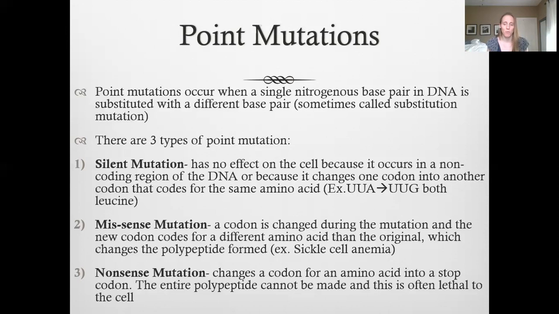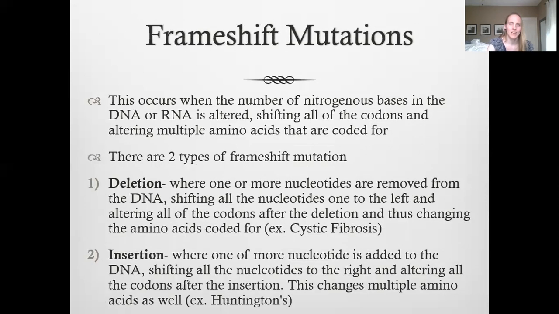It's not just that you have one new amino acid, it's that you're missing a bunch of amino acids in your protein because you stopped making the protein too early. That is often lethal to the cell because it just can't function with that much of the protein missing. So those are the three types of point mutation, where you just sub out one nucleotide for another.